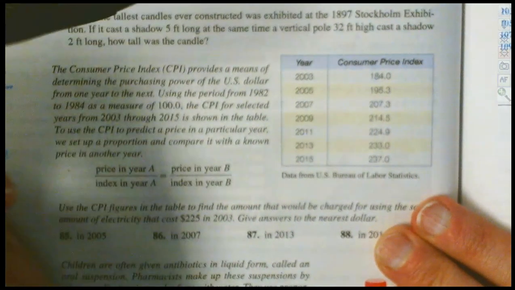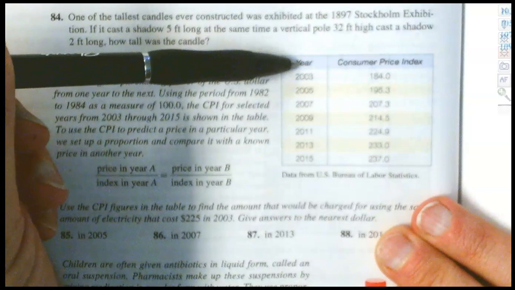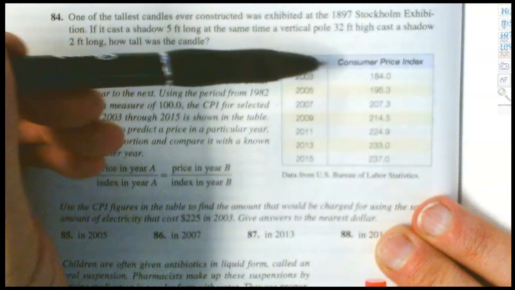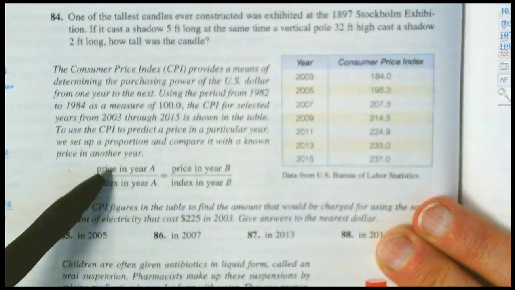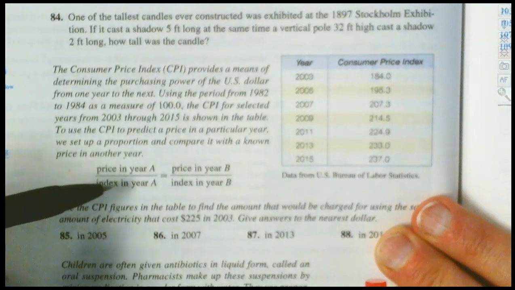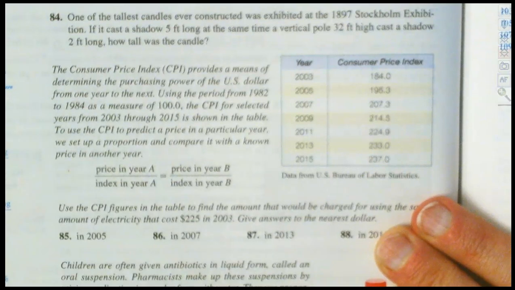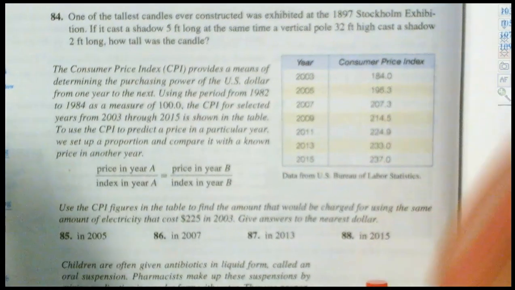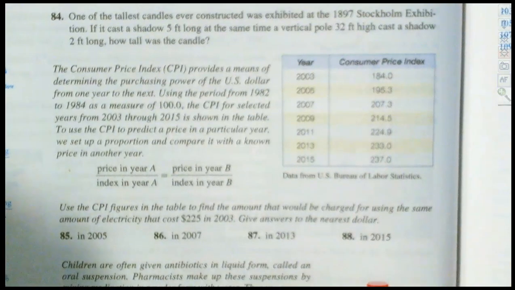You've got the year and the index, and that's going to be our ratio: the price that we paid in that year divided by the index of that year. That's going to allow us to figure out what different things cost at different times.